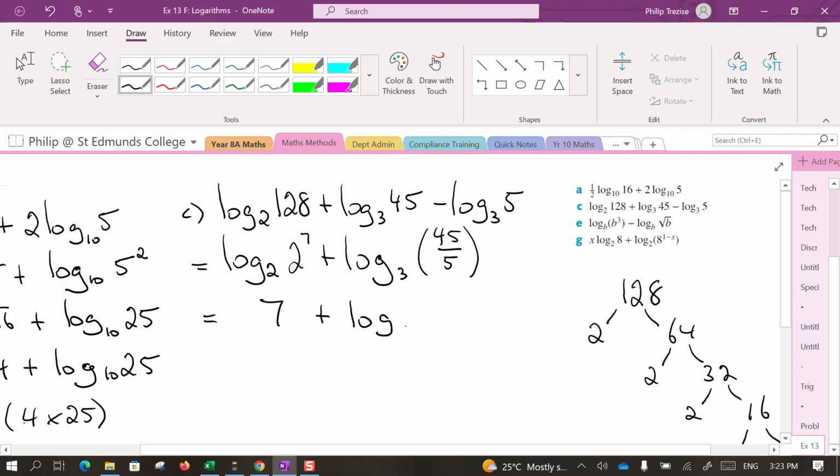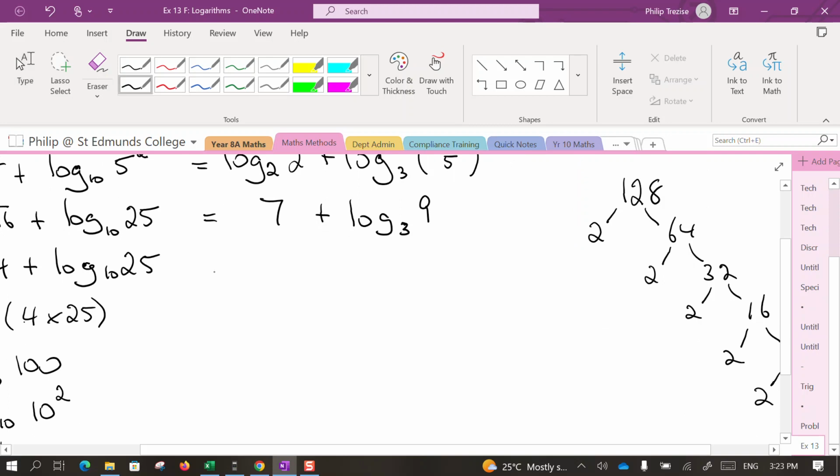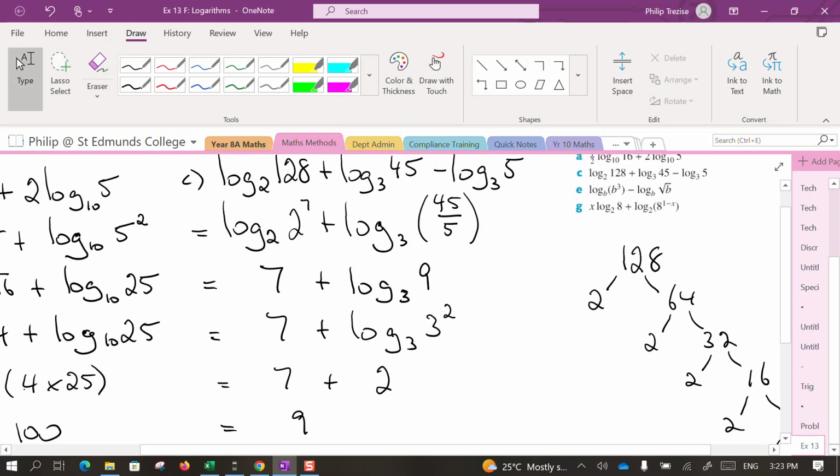And this is the log base 3 of 9. 45 over 5 is 9. Now I'll express 9 as 2, my mistake, that should have been 3 squared. So that's 7 plus 2, and the solution is 9. That's that one.